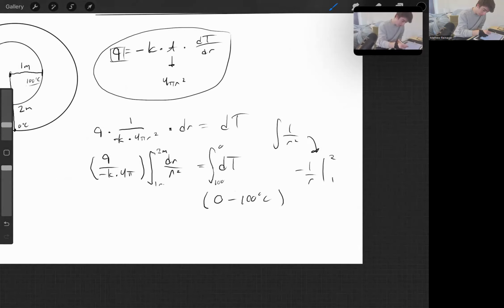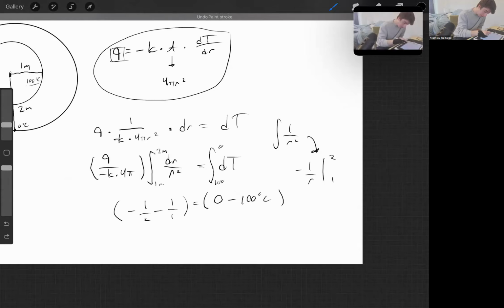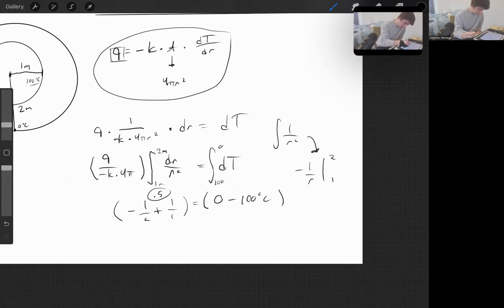So we are doing from negative 1 over 2 minus 1 over 1, which would give us, is that right? No, this would be plus, sorry, which is 0.5.